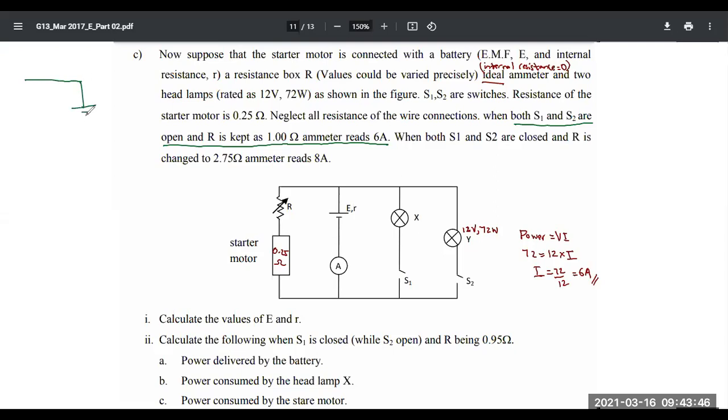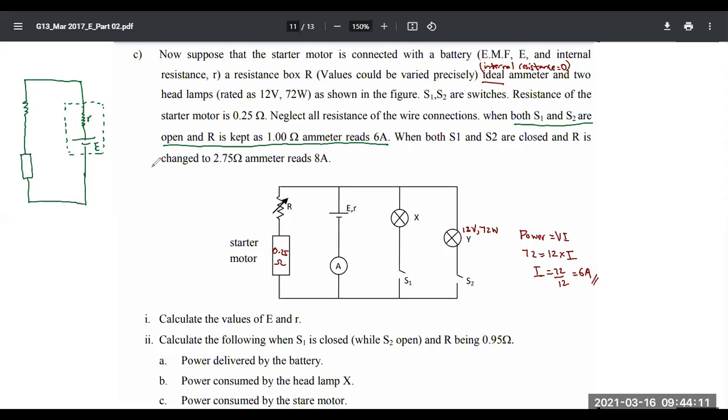This is your circuit. Remember, now I will redraw the battery like this. This whole thing is the battery. I'm including the internal resistance as another resistor in series with the battery. This is simple R, this is capital E. Okay, right. And then the ammeter, no problem. Then the resistance, starter motor, never mind.